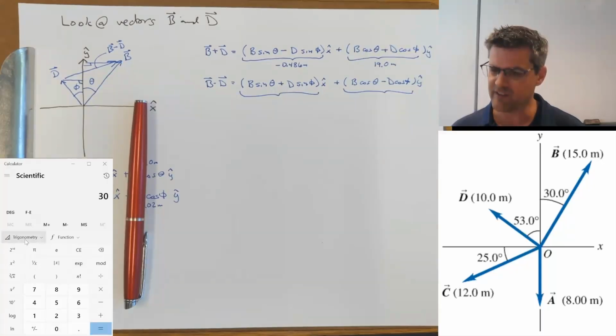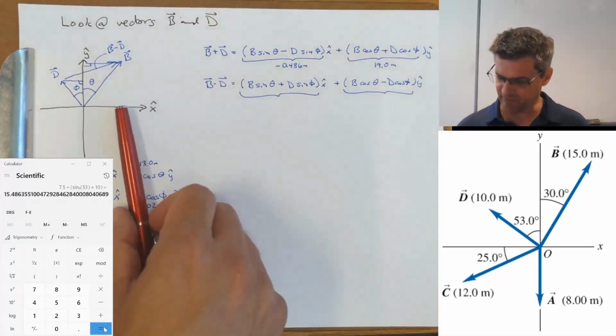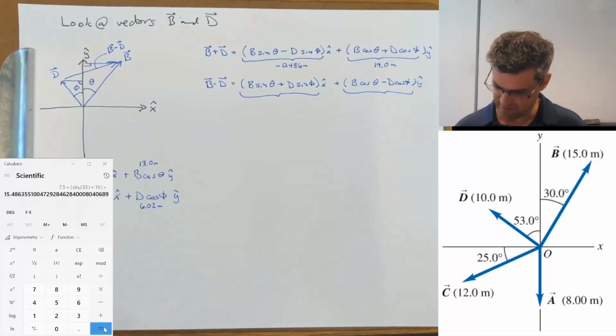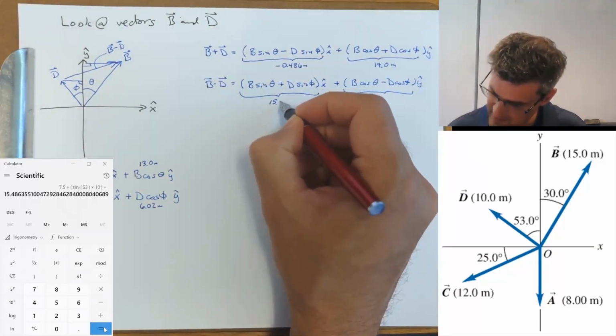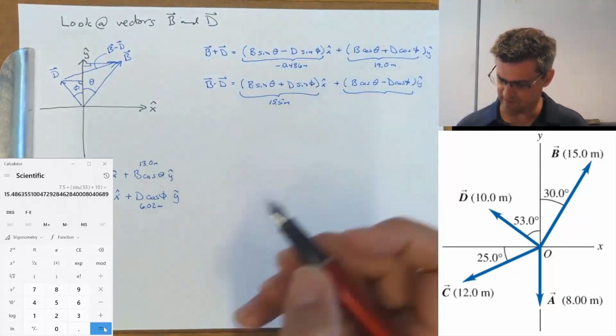So 30 sine times 15 is equal to this, plus 53 sine times 10 is 15.5 meters.